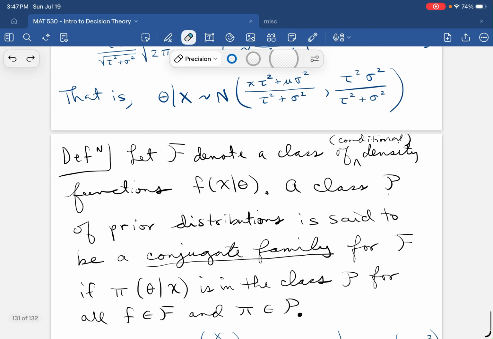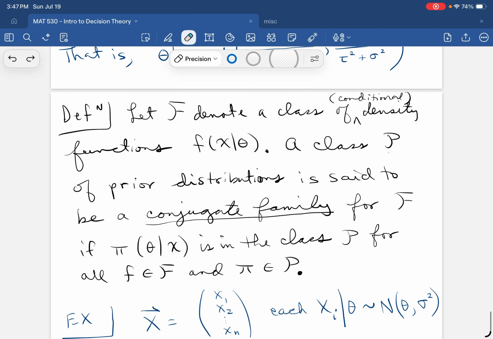Okay, so now let's define a class of densities, which we'll call fancy F. And this is a class of conditional densities, as we see here. And then what we're going to define is what a conjugate family is. So we have another class here, which we're going to call fancy P, and this is a class of prior distributions.